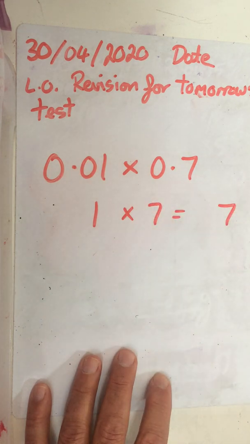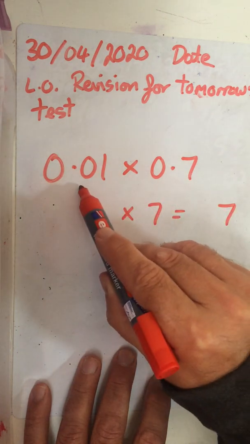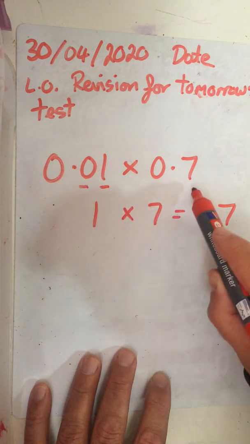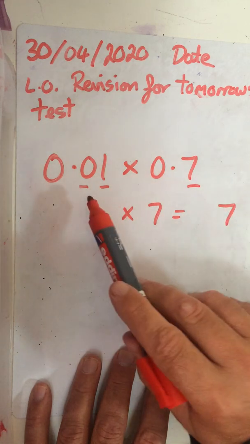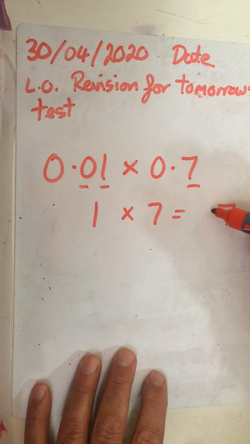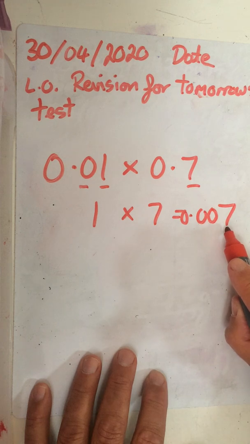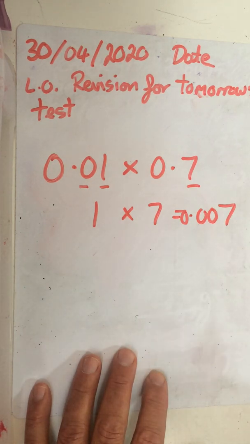So that gives me 7. But I go back to my question, and there are 1, 2, 3 numbers after the decimal point in the question. So I know there must be 3 numbers after the decimal point in the answer. So I go there, 0.007, 3 numbers after the decimal point.